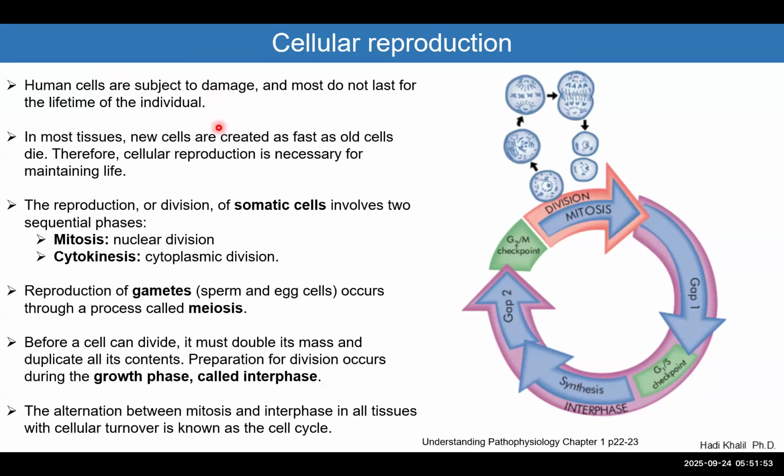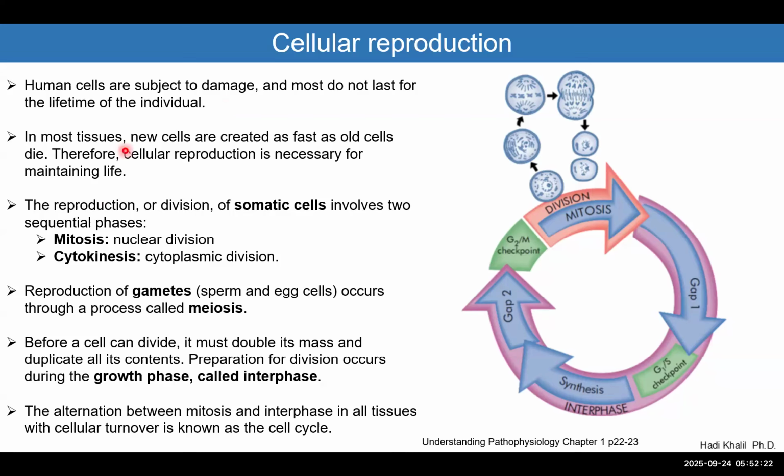But in most of our body, the cells don't last for long, and some cells last for a certain period of time, and therefore there must be a process where these cells produce the material needed in order to divide into two exact copies, and this process has to be tightly regulated.